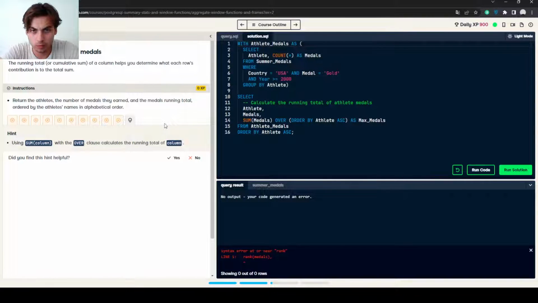Ну-ка. Medals. Просто medals. И сам medals надо было. Блять. Атлеты, медали, потом сумма медалей.